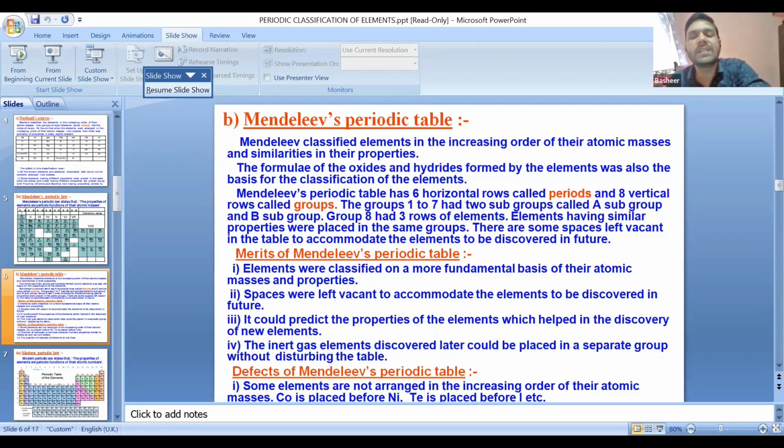So we could be placed in a separate group without disturbing the element table. So he didn't put any noble gas in between the other elements. So he put a separate group for whatever noble gas came, like helium, neon, argon, krypton, xenon, radon, these are all the noble gases. So you can see in the 18th group, last right side.